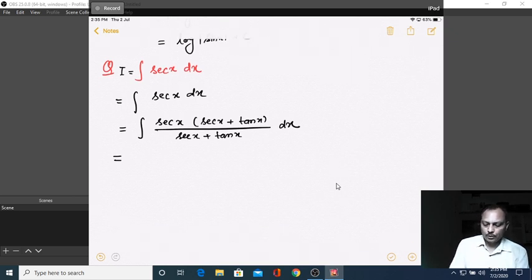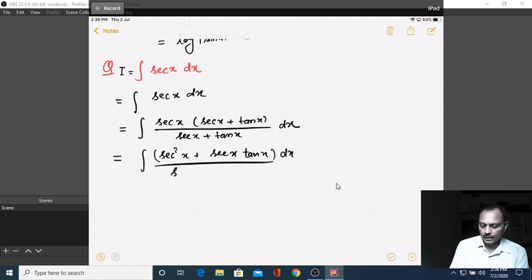Now, in the numerator, if we open the bracket, then we get sec square x plus sec x into tan x dx divided by sec x plus tan x.